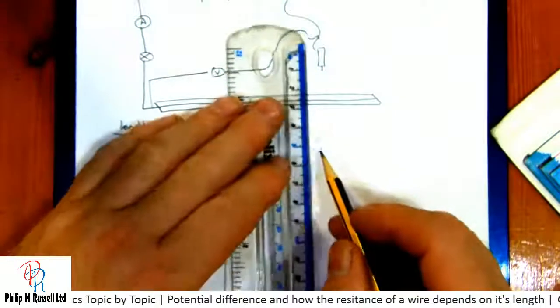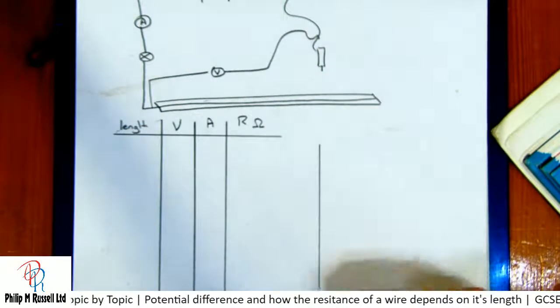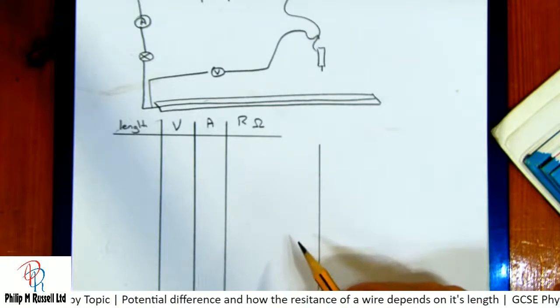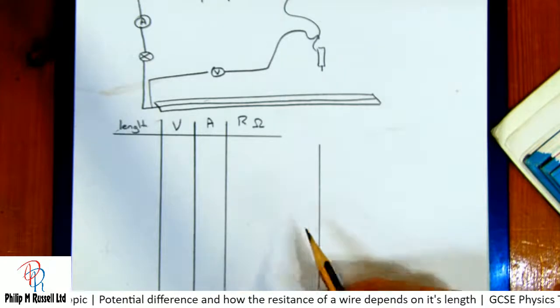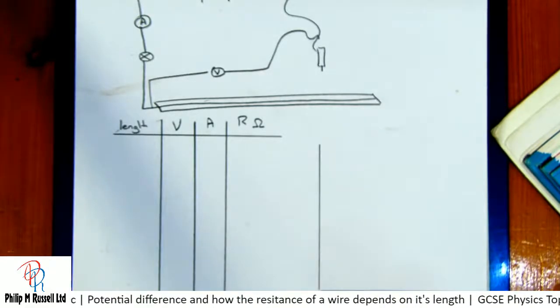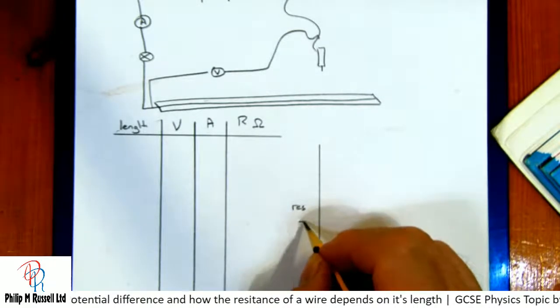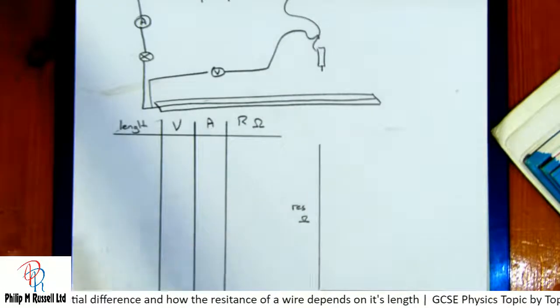The length is the thing we're going to change, and our resistance in ohms. I'm going to see what sort of graph we get.